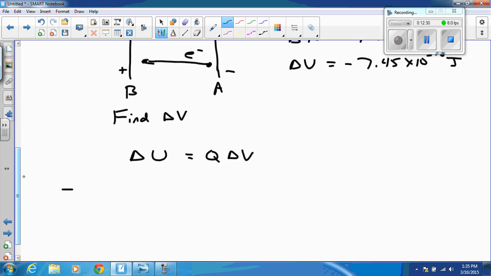Okay, so now we plug in. And the charge on the electron is? Yes, but louder. I don't think Evan can hear you. 1.6. Units? Cool, exactly.